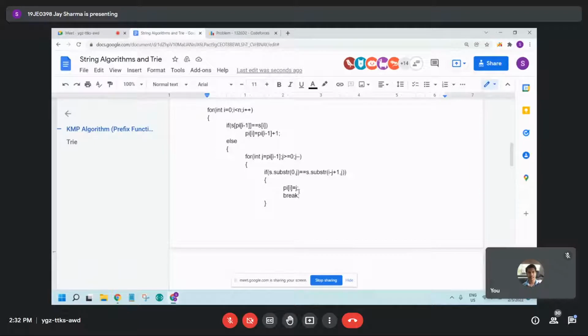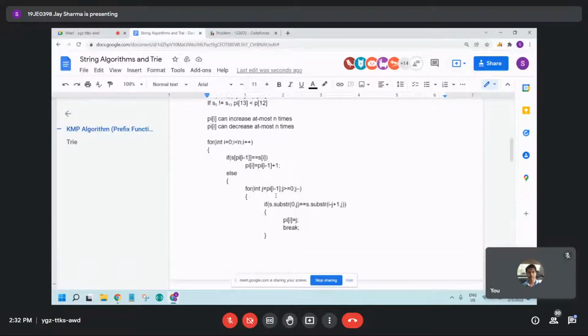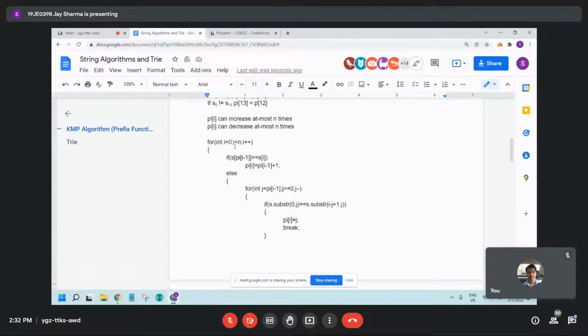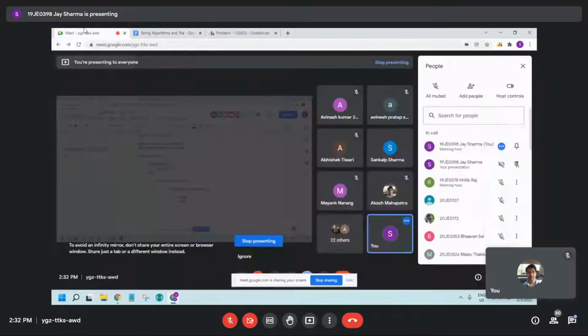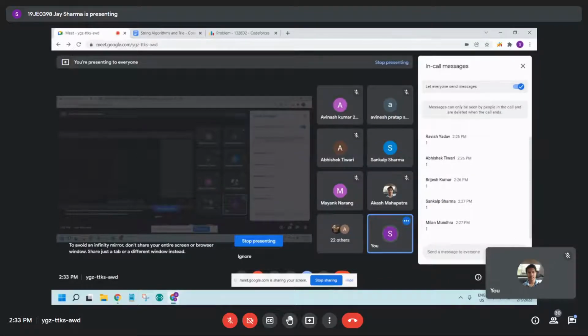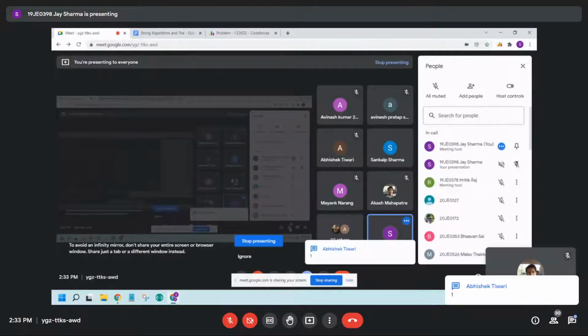Similarly here also, the value of j is increasing at most n times and decreasing at most n times. So total, out of all values of I, the value of j is iterating at most like 2n times. Okay, so just tell me if this is clear or not. If this is clear, you can write 1 in the chat or 0.